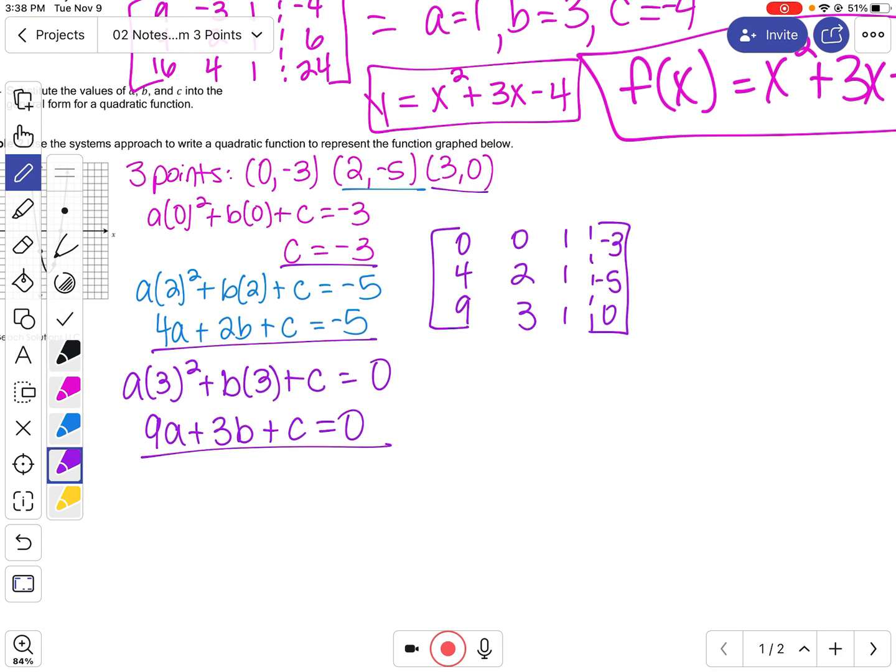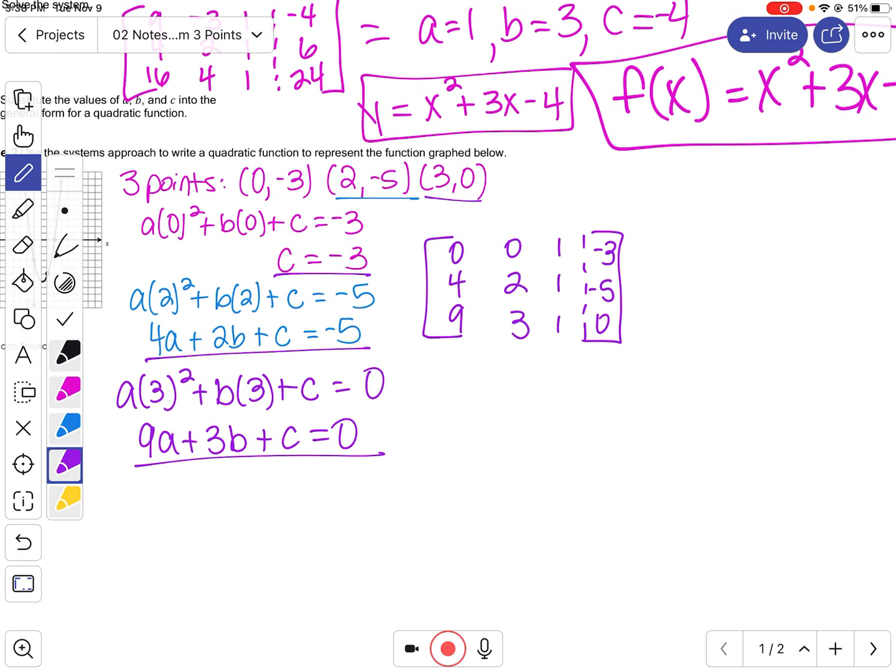So setting up your matrix, when you plug it in, make sure you do second matrix math and then the reduced row echelon form. You should get A equals 2, B equals -5, and C equals -3.